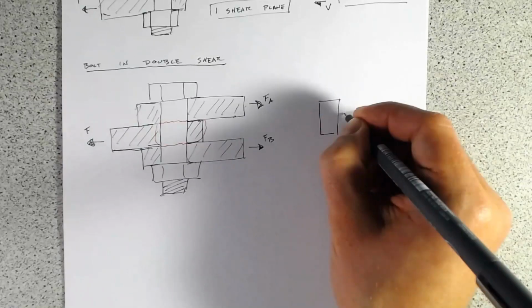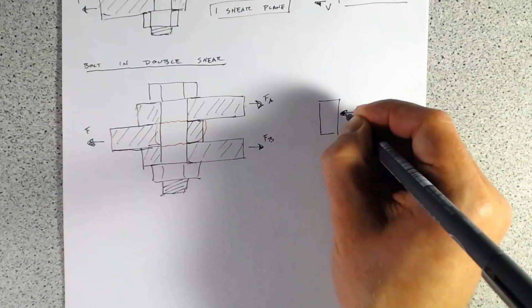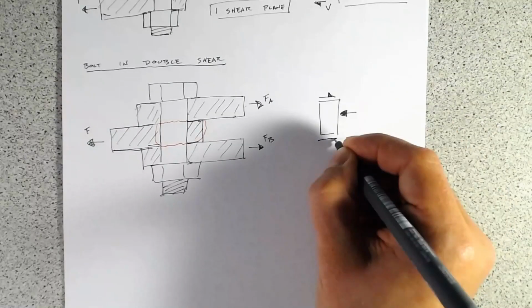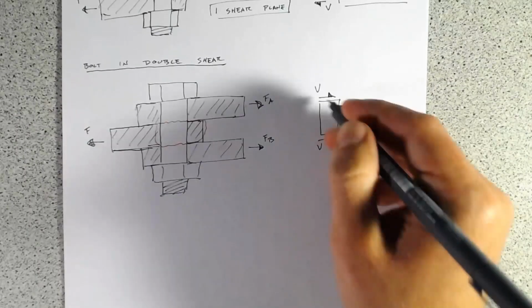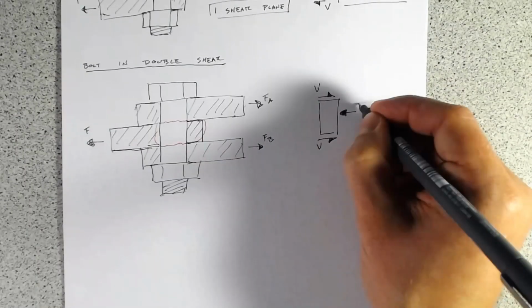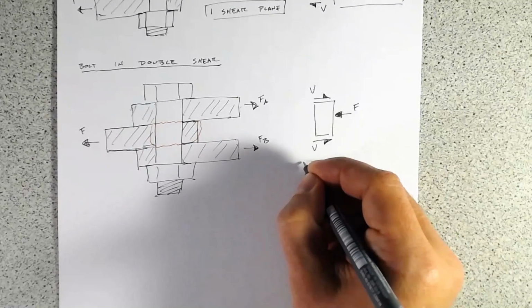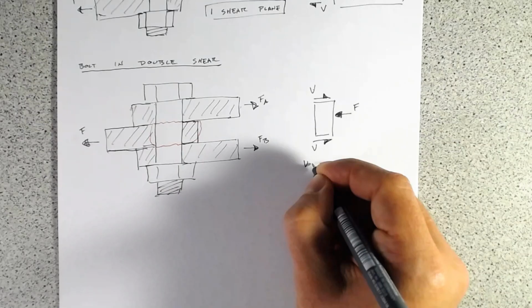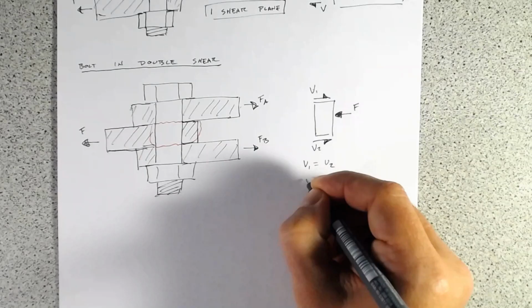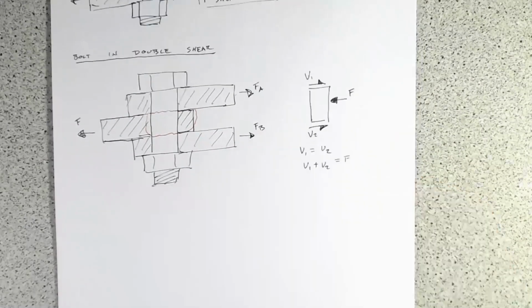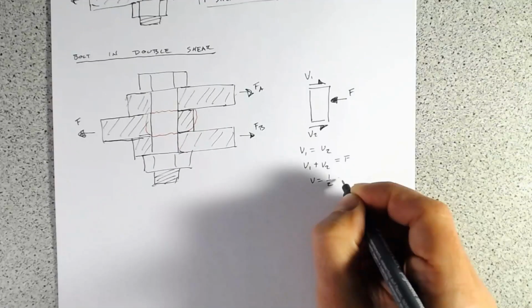So you've got a force pushing here, and then you have a shear force top and bottom. The shear force is going to be equal because we're equidistant. Since everything has to be in equilibrium, we'll call these V1 and V2. So V1 equals V2, V1 plus V2 equals F. And so V equals 1/2 of F.